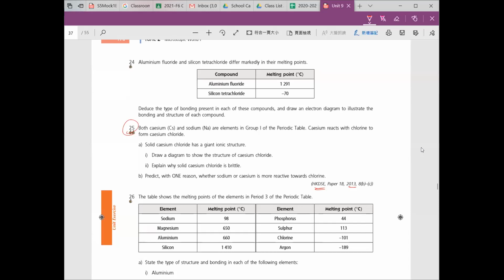That means in Form 6, there will be a public exam, and the questions will be of a similar level. Both cesium and sodium are elements in group 1 in the periodic table. Cesium reacts with chlorine to form cesium chloride. Solid cesium chloride is a giant ionic structure. Draw a diagram to show the structure of cesium chloride. Oh God.